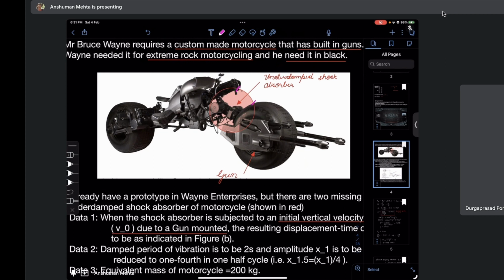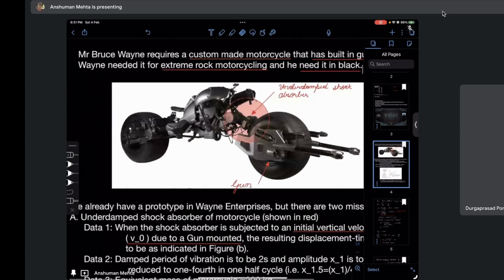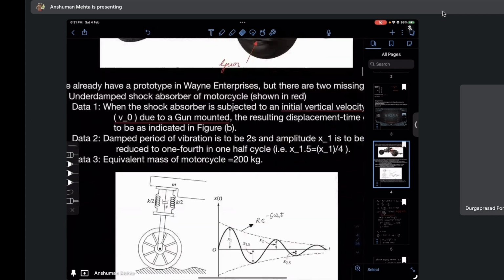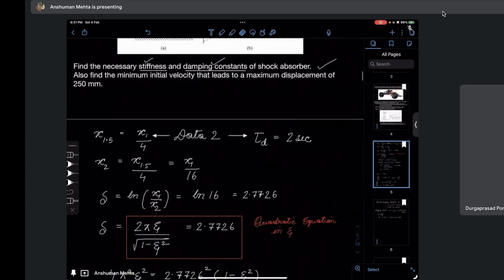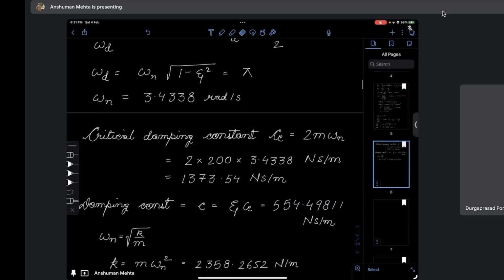If the shock absorber is compressed to the limit, those two can have interference, and that could be a great cause of accident to kill Bruce Wayne, which we don't want. So hence, while having a factor of safety, that is 250 mm.